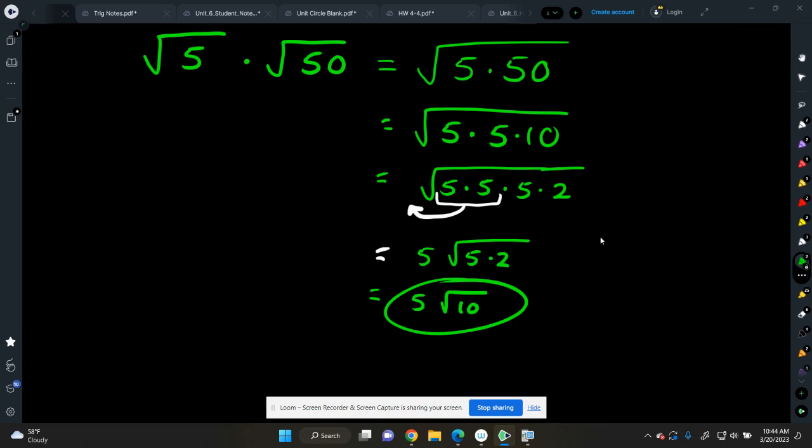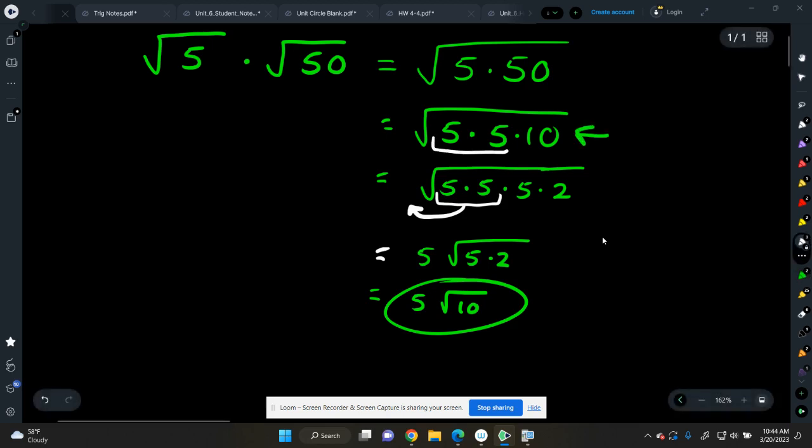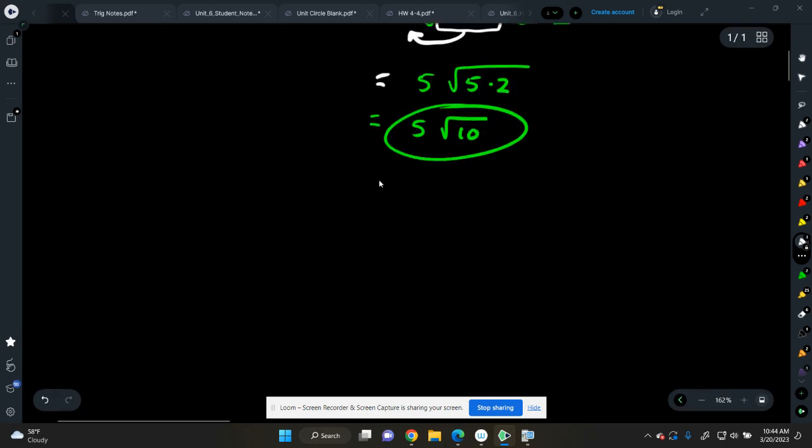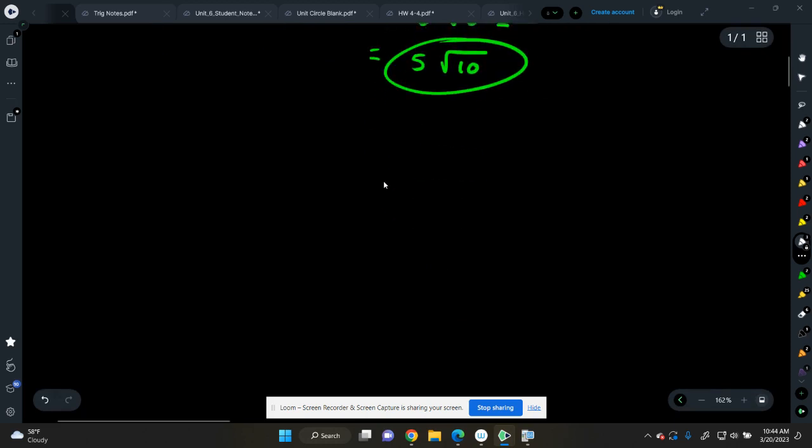I'm not sure what you mean by going into it. 5 goes into 50 10 times. Right. So at this point here, we could take this pair out and just leave the 10 like that. Okay. Let's look at another one.